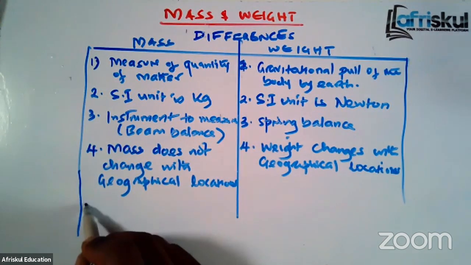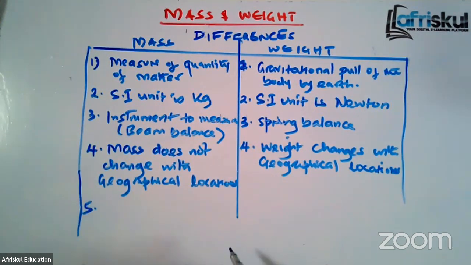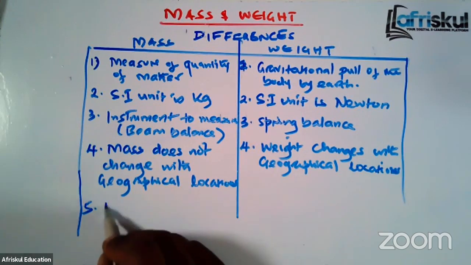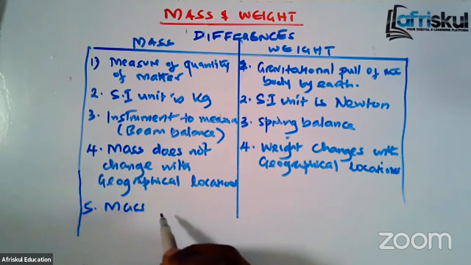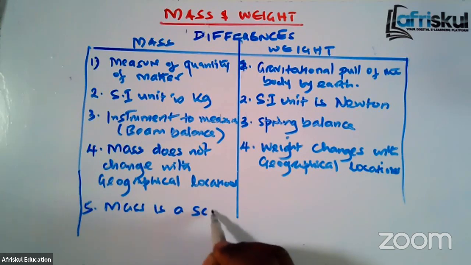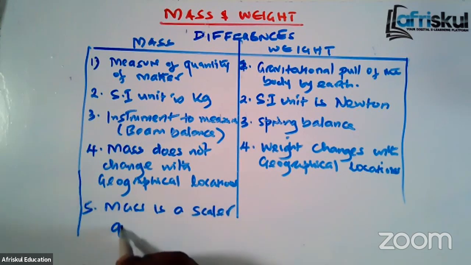Then the final difference that we have is we say mass is a scalar quantity. Some people pronounce it as scalar quantity. Mass is a scalar quantity. What we call a scalar quantity is a quantity that has only magnitude.